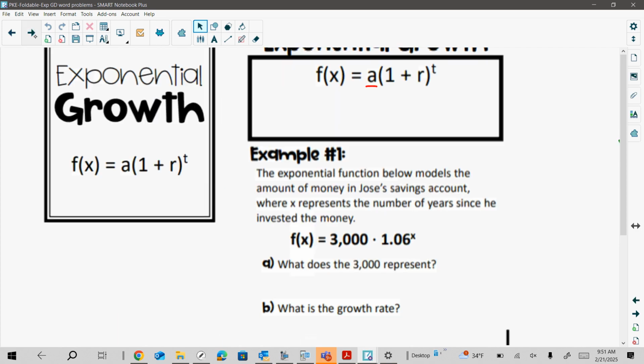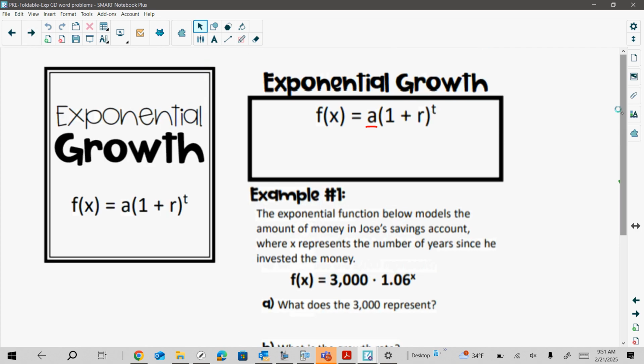So if you open up the tab, you need to know the parts to the formula. Open up your growth side, and inside we have the function of x equals a(1 + r) to a power t. So the first part is the a. Add this to your box.